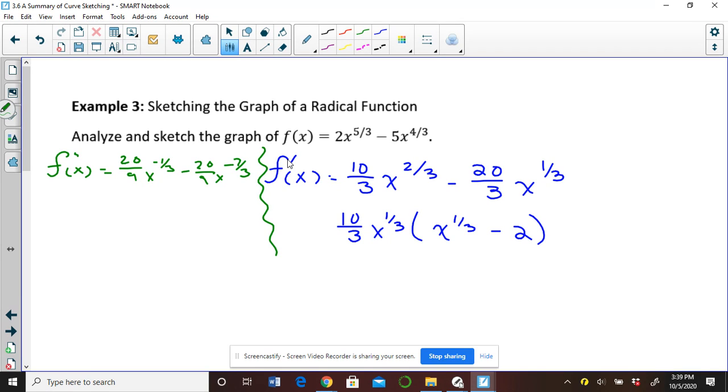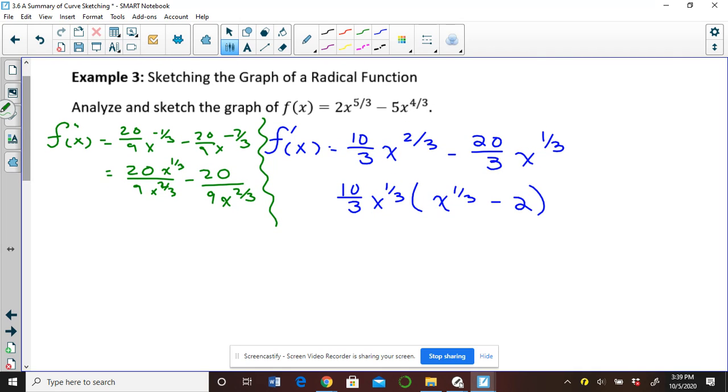So then at that point, we want to go ahead and get a denominator going of 20 over 9x to the 1 third minus 20 over 9x to the 2 thirds. And we're needing an x to the 1 third to get a common denominator. So if we get an x to the 1 third, we need to multiply the denominator by x to the 1 third, which gives us x to the 2 thirds.